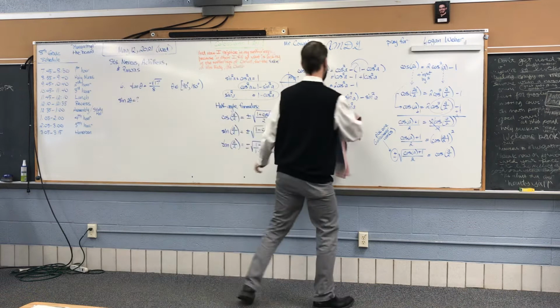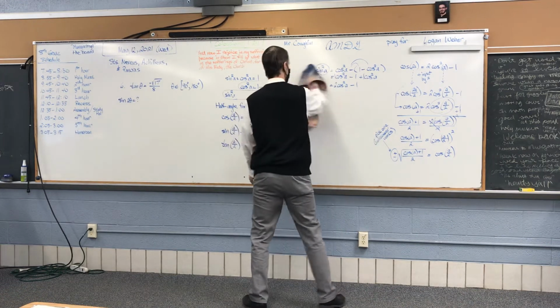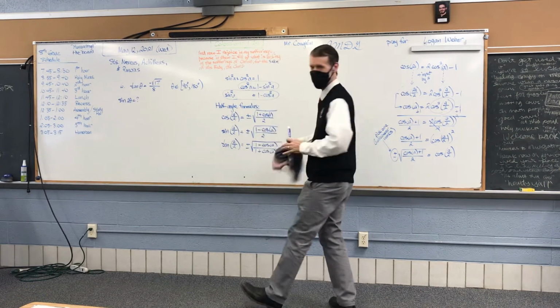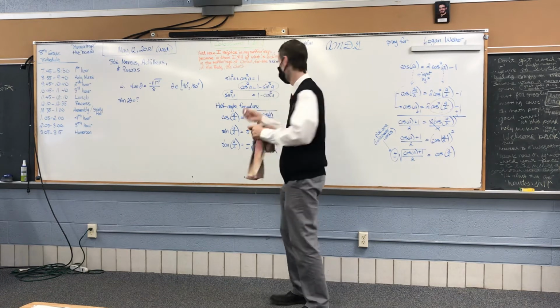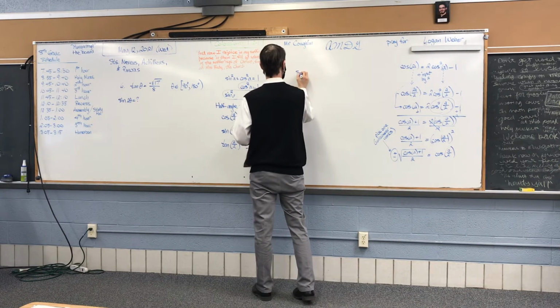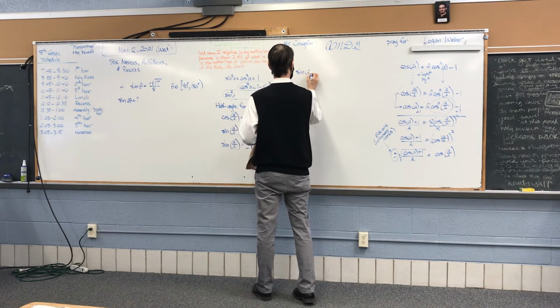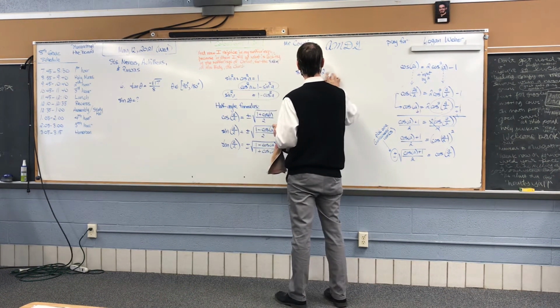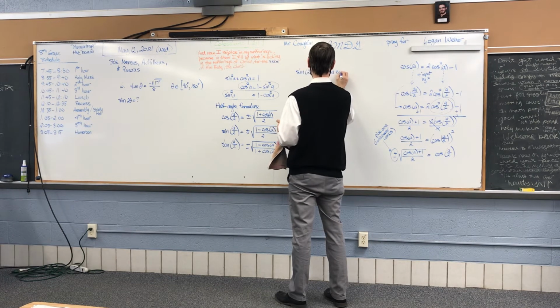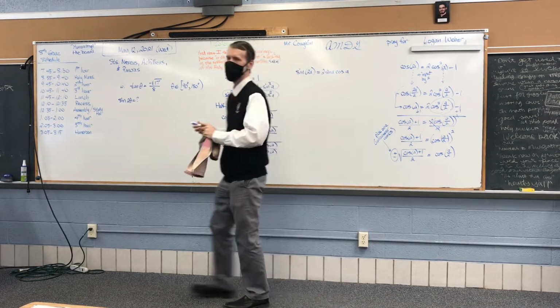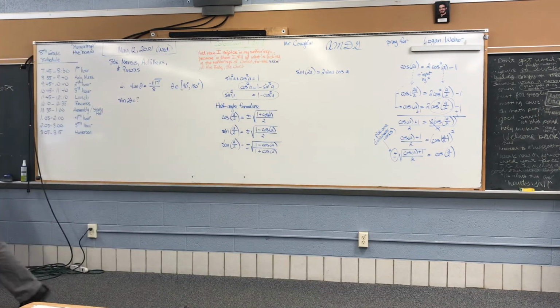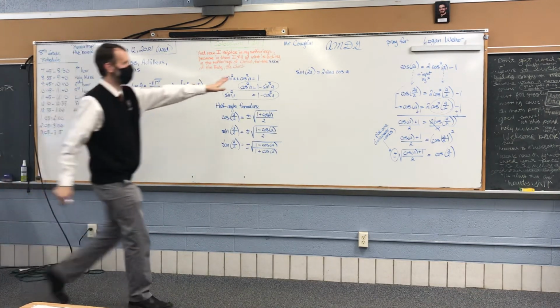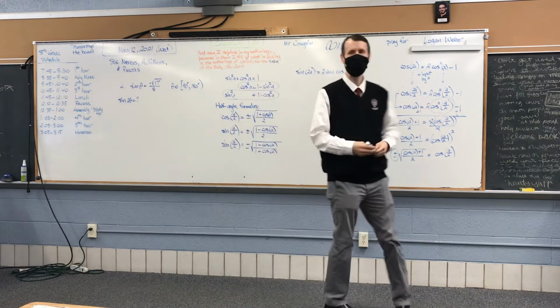Refresh my memory. Nate, what is the sine of 2a? Yeah, 2 sine a what? Times cosine of a. Good. 2 sine of a cosine of a. If I want to get this answer, I need 3 things.